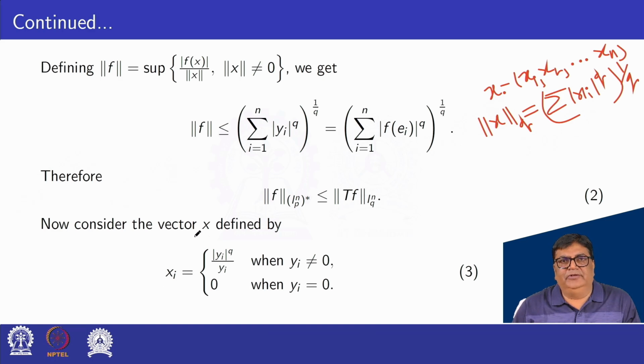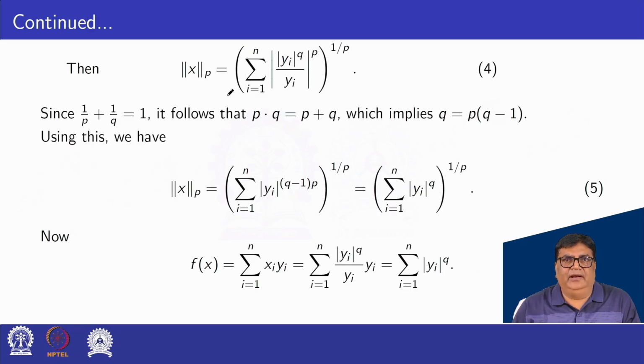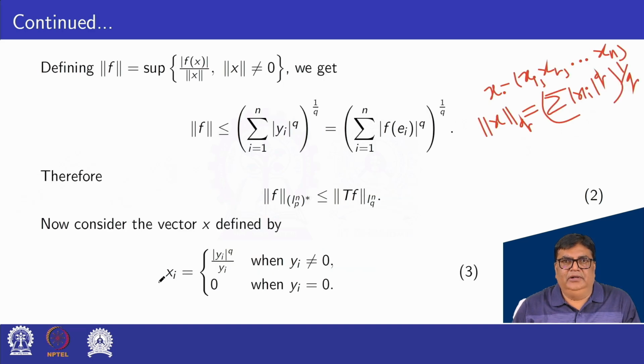Now we consider the vector x defined by xi equal to |yi|^q upon yi, when yi is not equal to 0, and 0 when yi is equal to 0. Okay, we consider this vector. Then norm x_p, here xi is equal to |yi|^q upon yi.